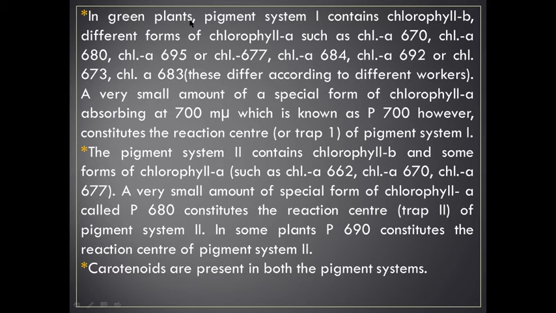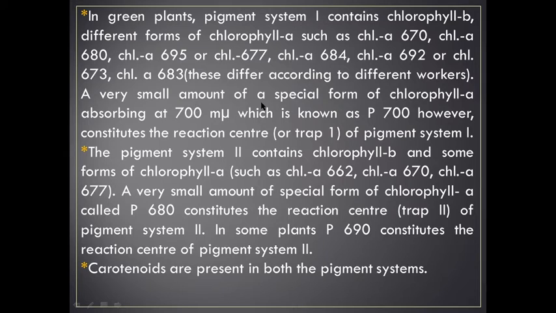In green plants, pigment system first contains chlorophyll B and different forms of chlorophyll A such as chlorophyll A 670, chlorophyll A 680, chlorophyll A 695 or chlorophyll 677, chlorophyll A 684, chlorophyll A 692 or chlorophyll A 673, chlorophyll A 683. These differ according to different workers.